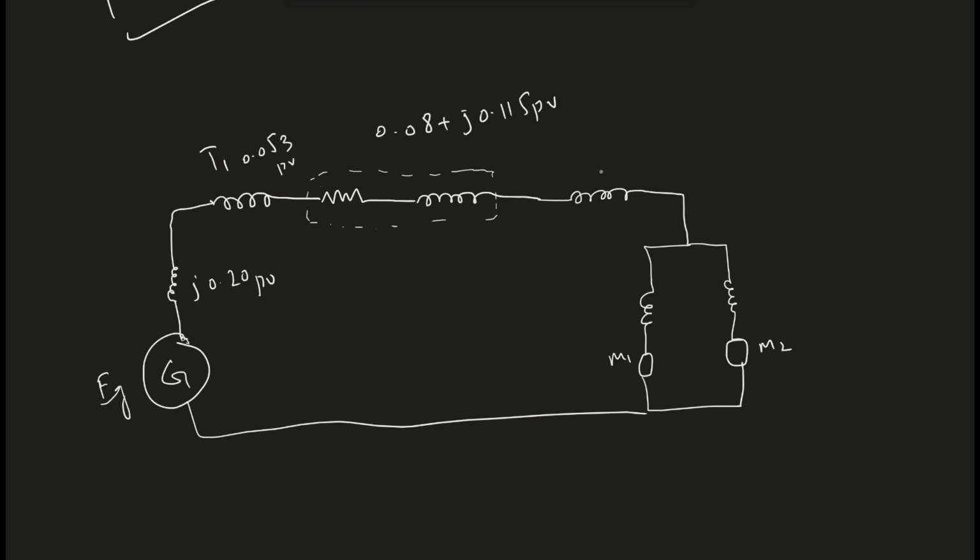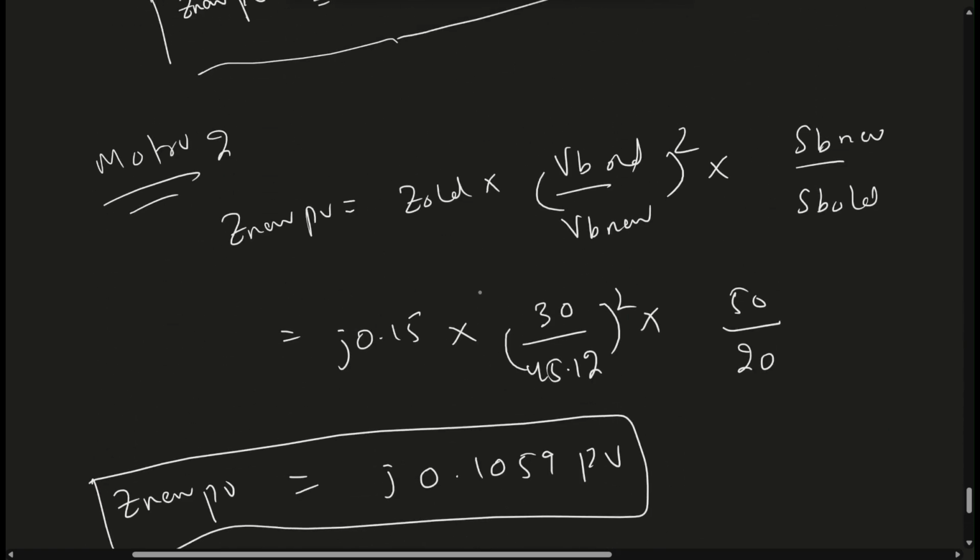Then transformer 2, T2, was j0.05 per unit. Motor 1 was j0.0106 per unit, and motor 2 was j0.1059 per unit. So this is the impedance diagram for the numerical problem.